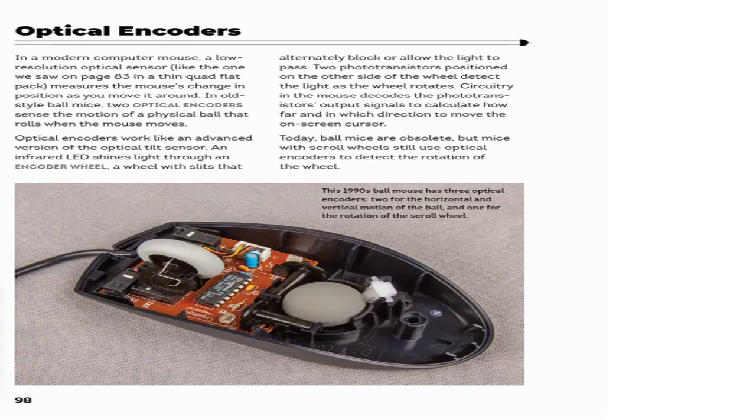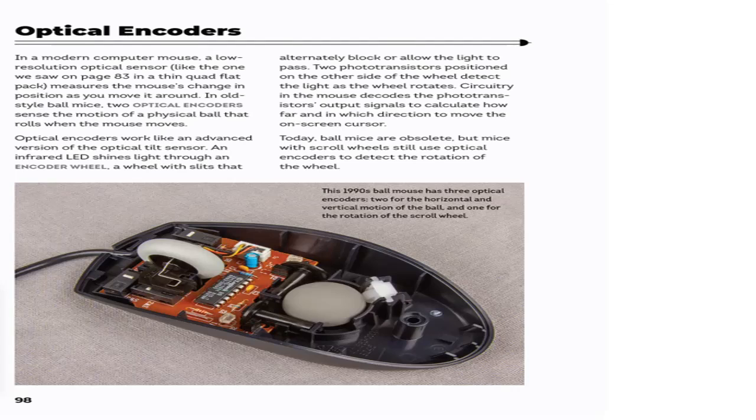The last component of today's topic is optical encoders. Optical encoders are sensors that convert mechanical motion to digital signals using light and photodetectors to measure position, velocity, and direction.